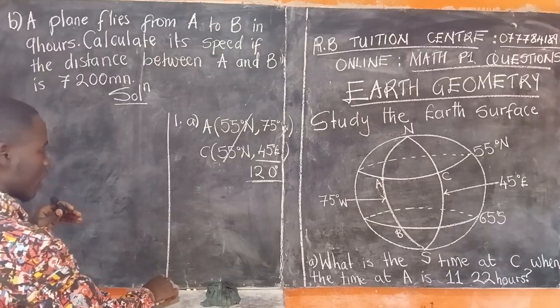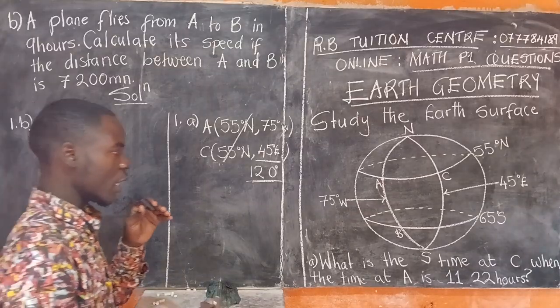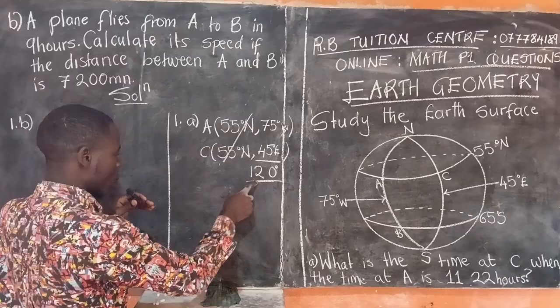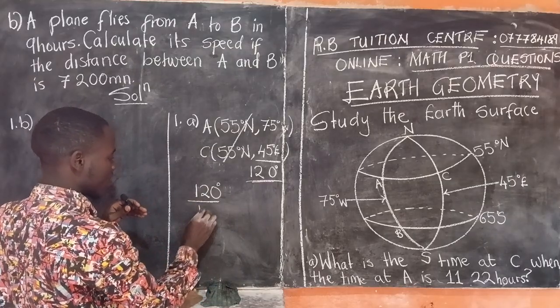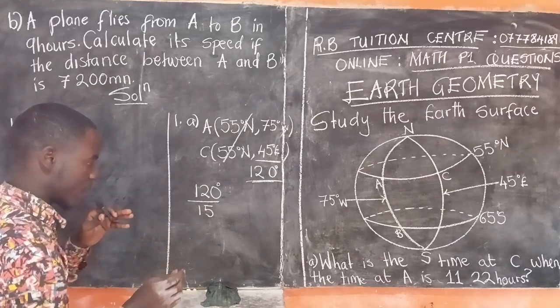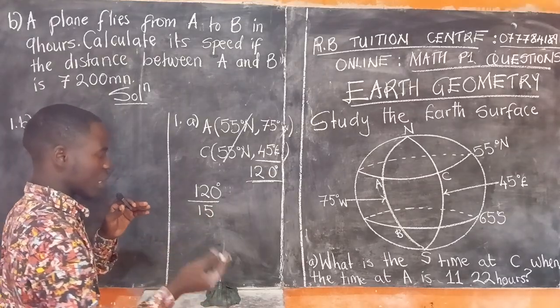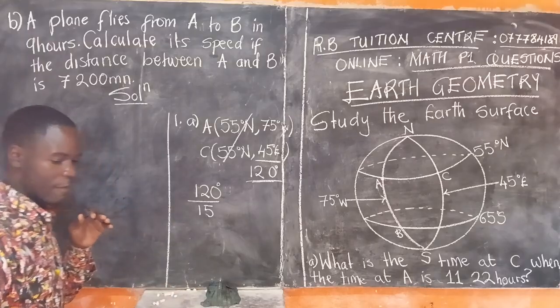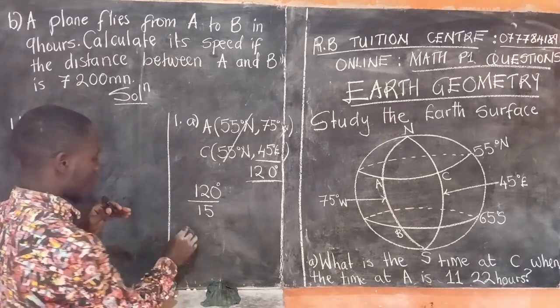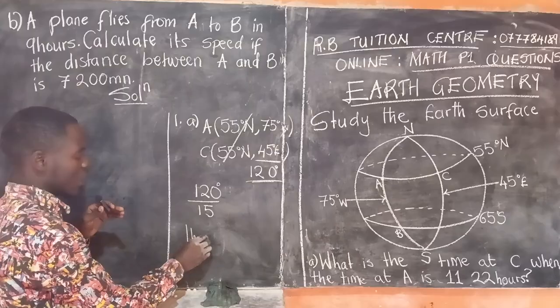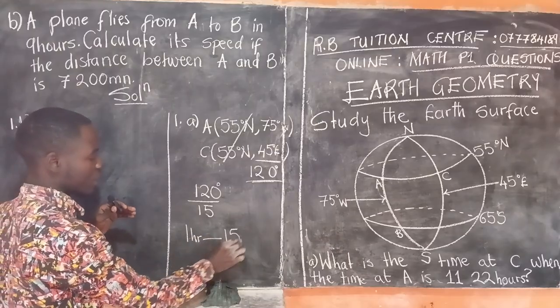Now what are we going to do exactly? We are going to say 120 degrees divided by 15. Now, where is this 15 coming from? Here you just need to go direct to avoid some mistakes. It is because in 1 hour, the earth rotates 15 degrees.